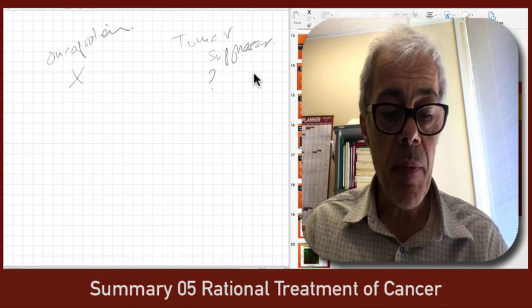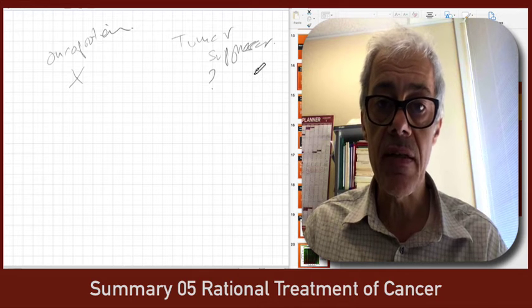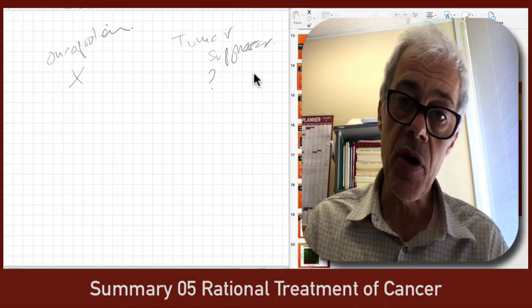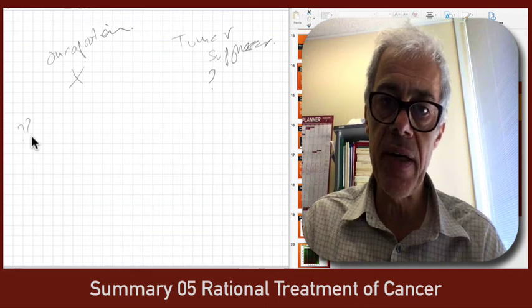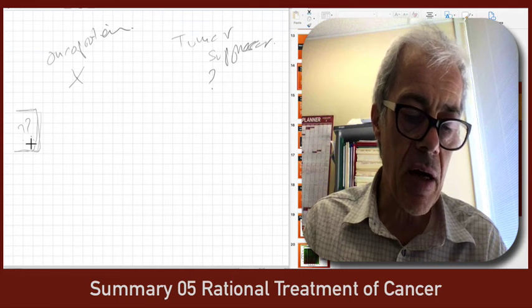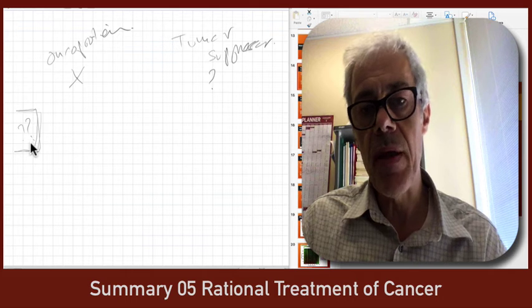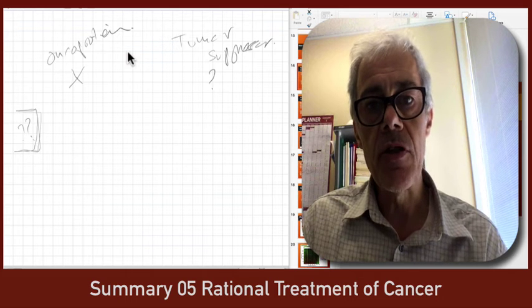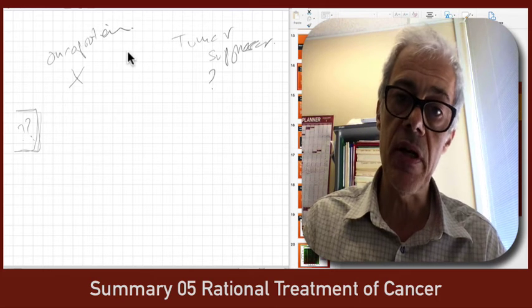Okay. Question is, can you design a small drug that's going to enhance the activity of a protein? And I would suggest that that is in the too difficult basket right now. There might be one or two examples where that might be the case, but generally speaking, I don't think it's plausible at this stage to enhance the activity of proteins through small molecule interactions.